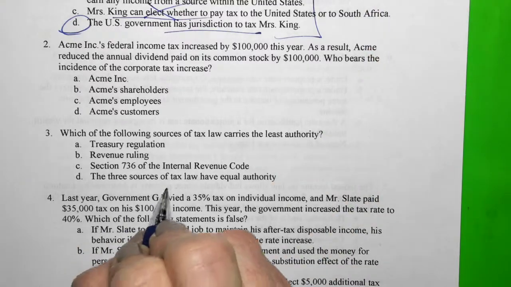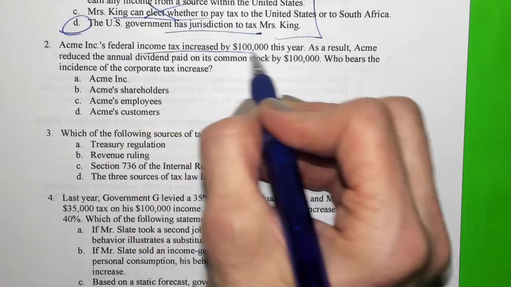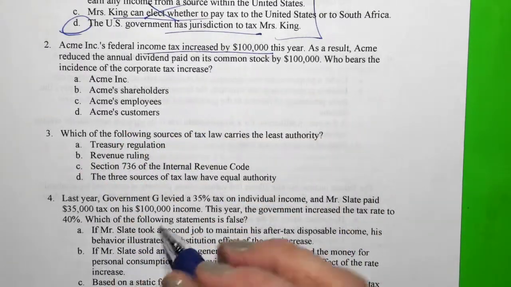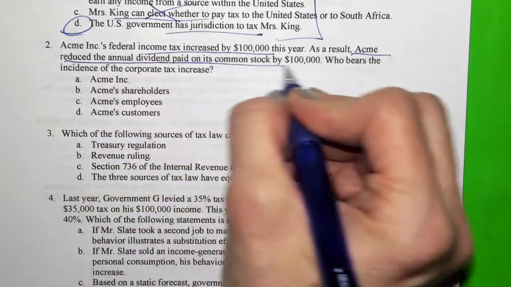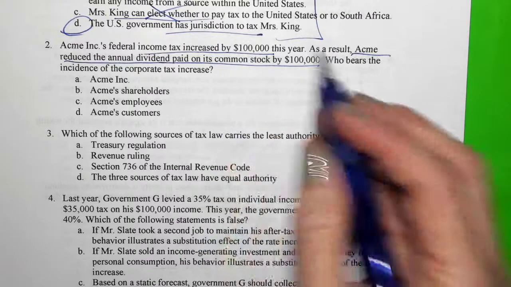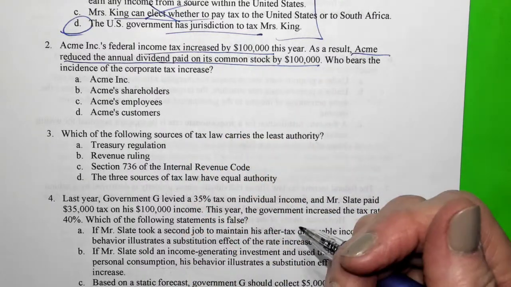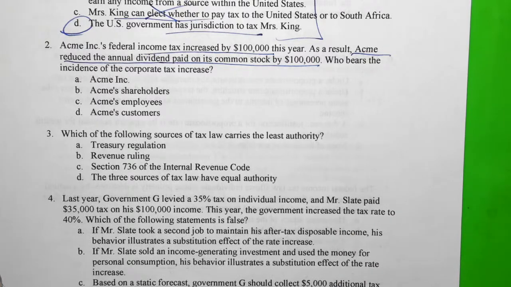Okay, we have an increase in income tax, and Acme directly reduced its dividend by $100,000. This is a question of who bears the incidence, because remember, a corporation, while it is a taxpayer, is not an individual.